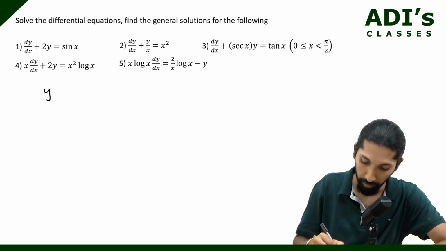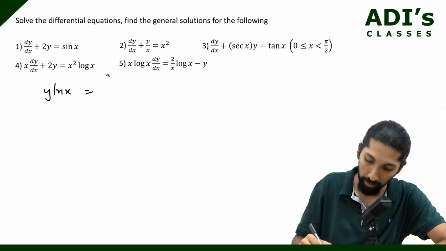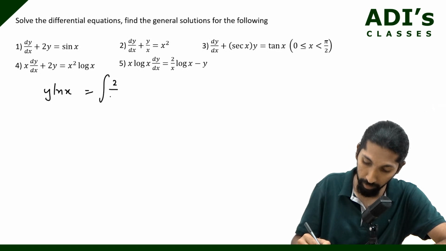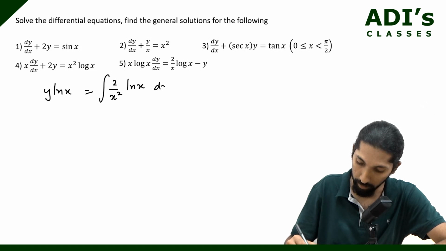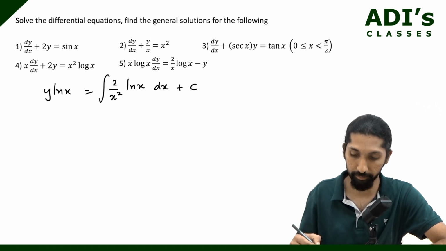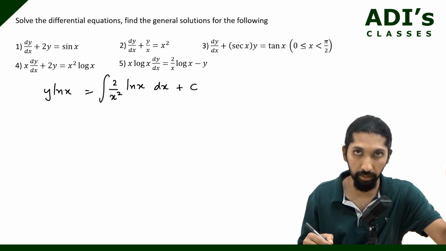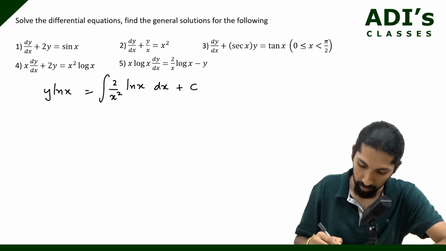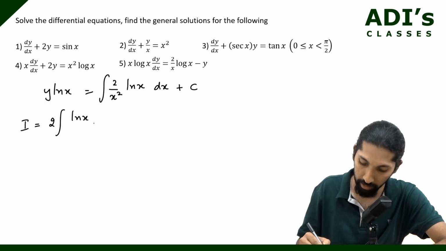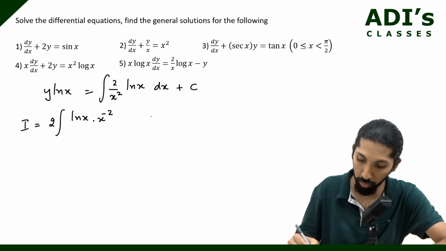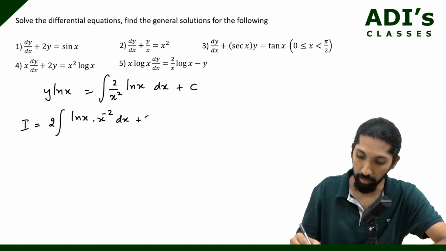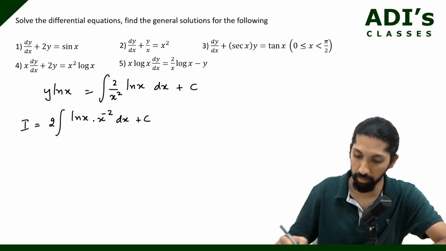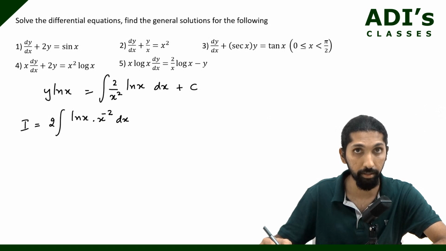See, we have y log of x is equal to integral of 2 by x square into log of x dx plus c. Now LHS, leave it aside. RHS, let's do the math. So we have I is equal to 2 times integral log x into x power minus 2. Plus c is not really required right now.